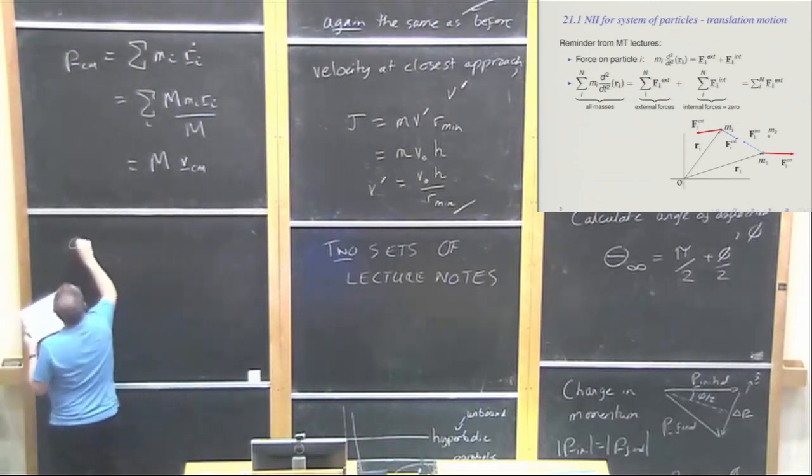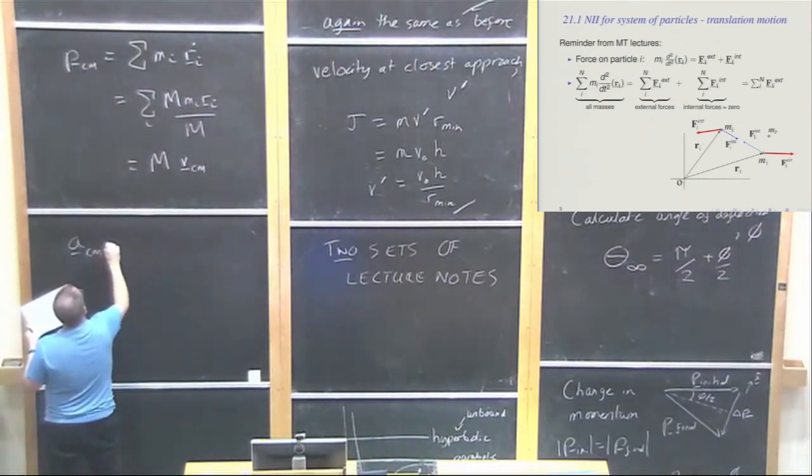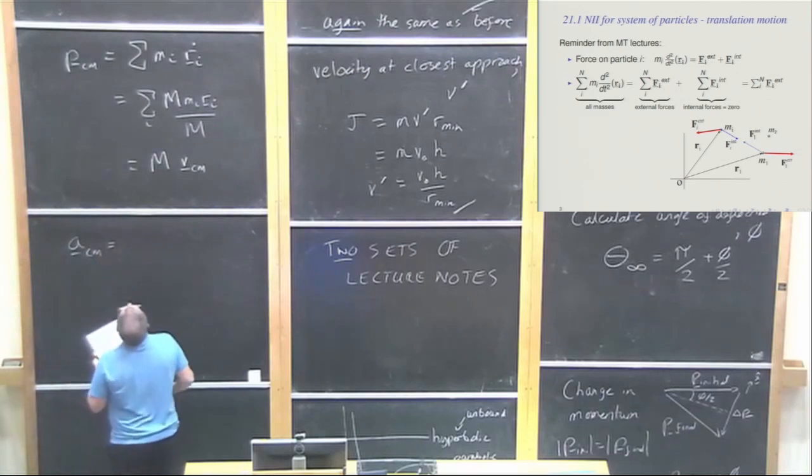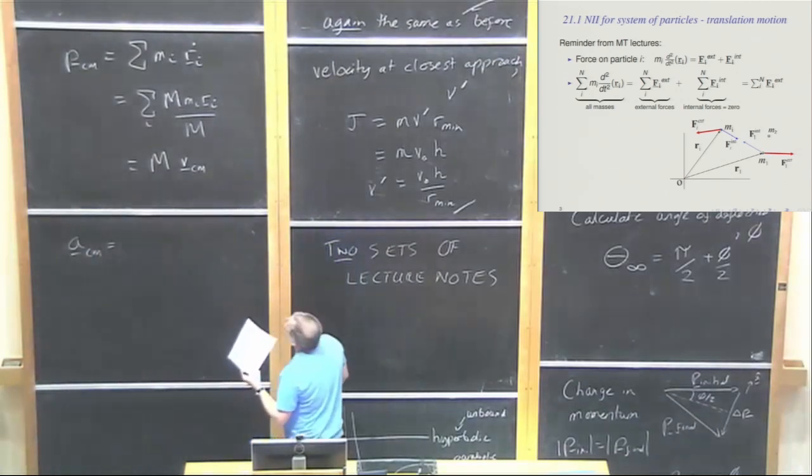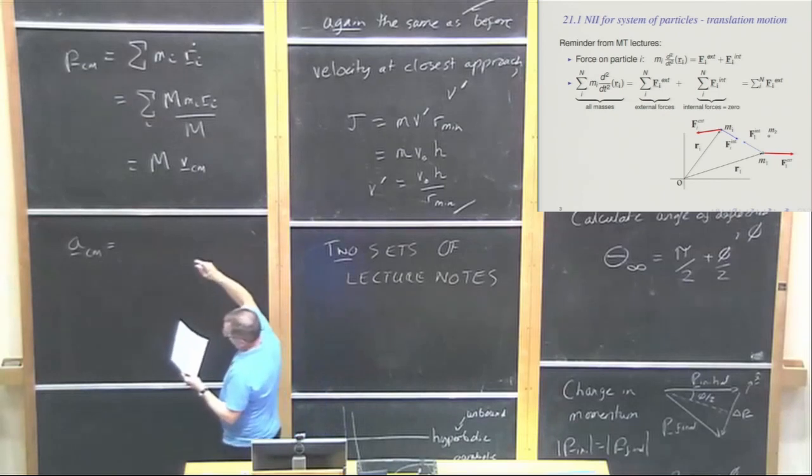And finally, if I want to write down the acceleration of the centre of mass, I double dot my R_CM there.